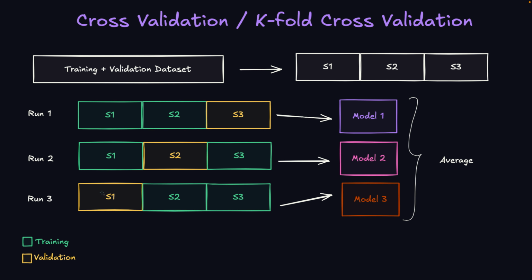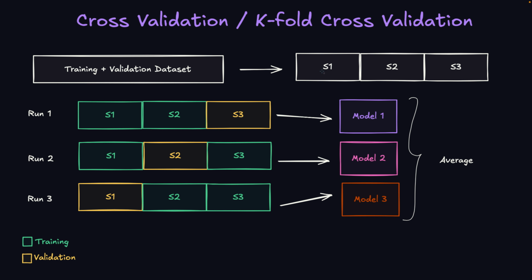And in the last one, we are using S1 as the validation dataset, and S2 and S3 are used as the training dataset. This way, we are rotating the datasets we use for training and validation. We are not using a fixed set of data for training and validation. We are rotating this for each run.